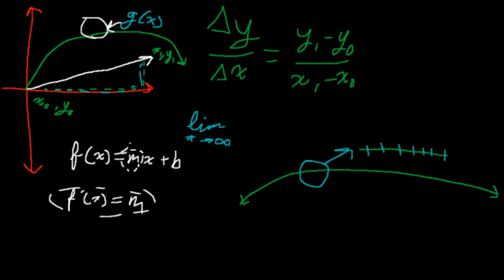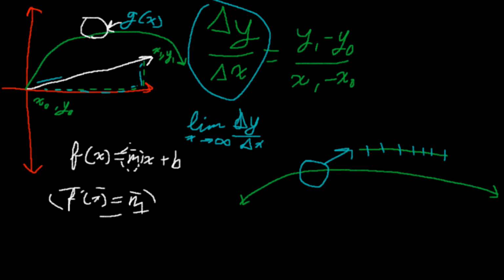If we're going to have the slope right here, it would be the value of the slope, which is delta y over delta x. What's interesting here is that if you used this equation, which is good for linear functions and determining the slope of a linear function.